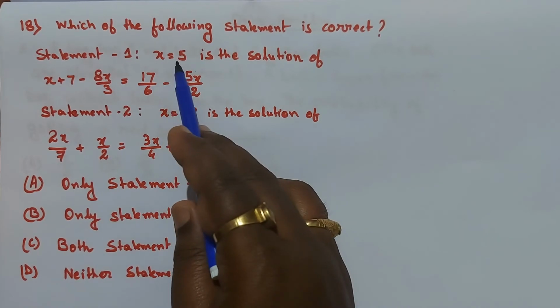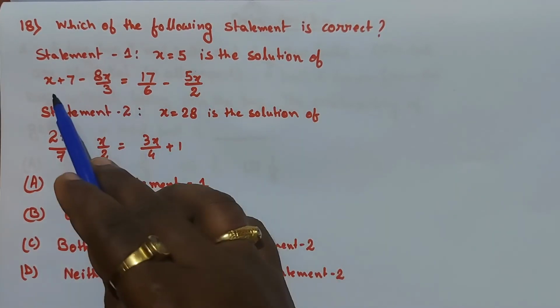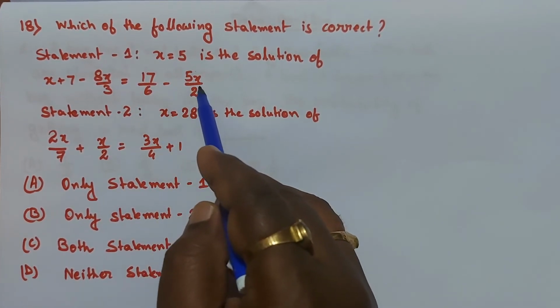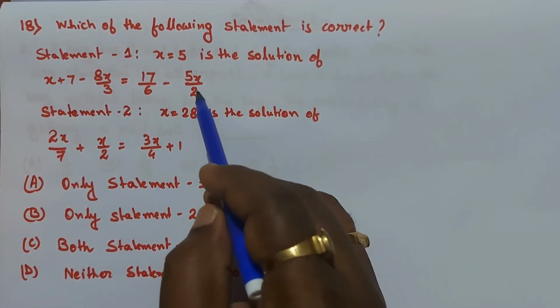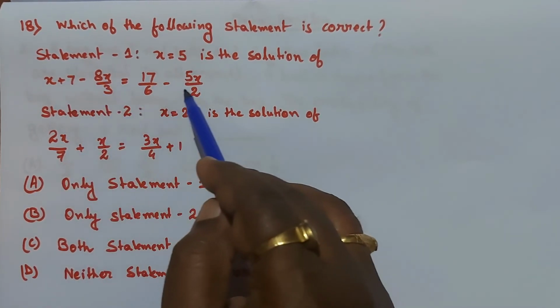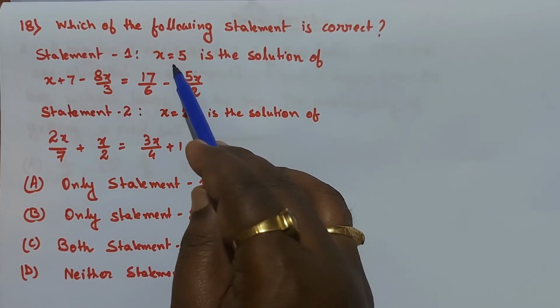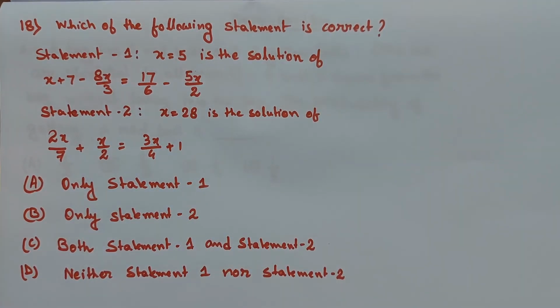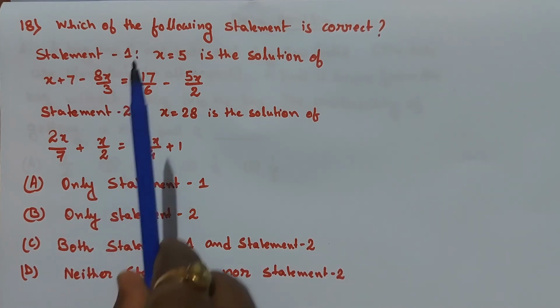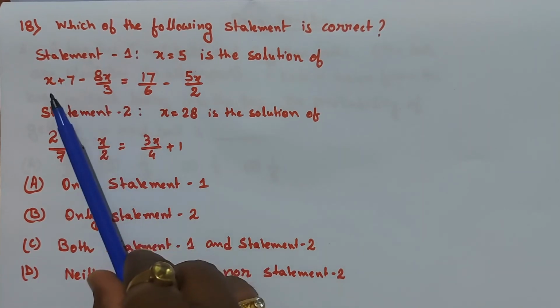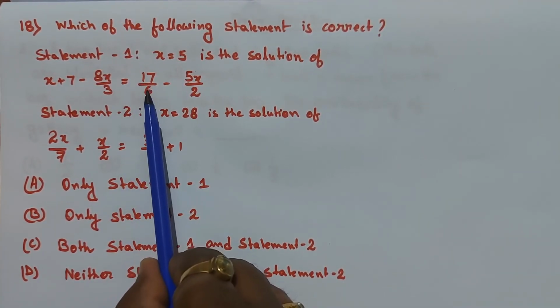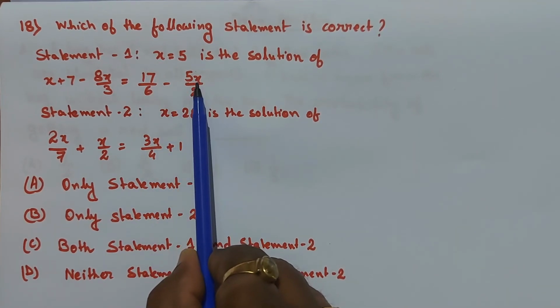Next question: which of the following statements is correct? Statement 1 is that x equals 5 is the solution of x plus 7 minus 8x by 3 equals 17 by 6 minus 5x by 2.